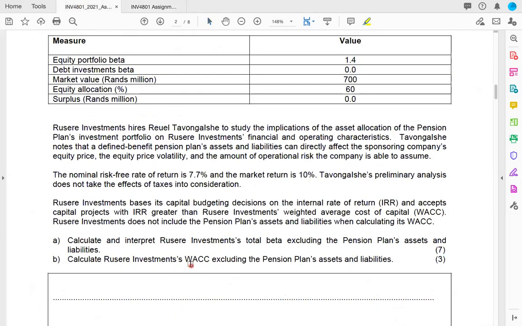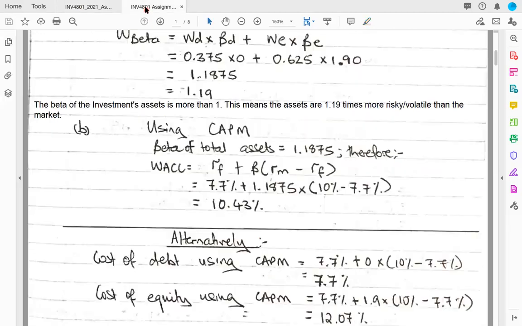And then we're told to calculate Rosetta investments WACC, excluding the pension assets and liabilities. So to calculate the weighted average cost of capital, for this case, we can just use the capital asset pricing model by simply taking the risk-free rate plus 1.1875, which is the beta, times the return on the market minus the risk-free rate.